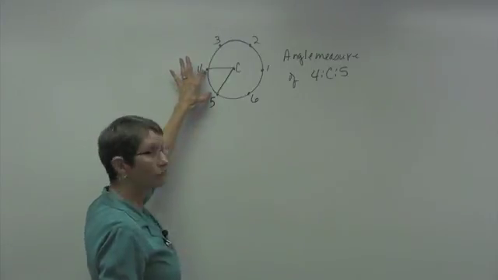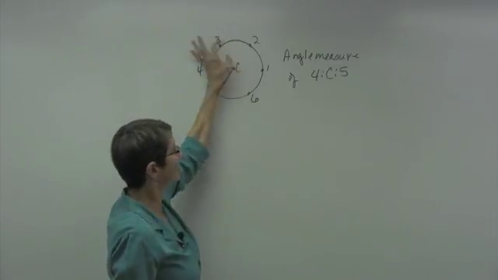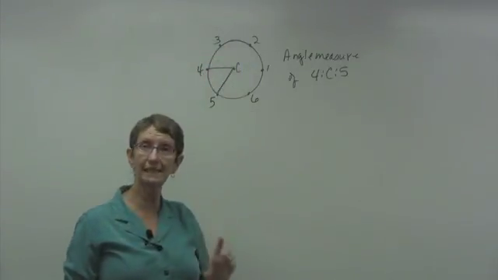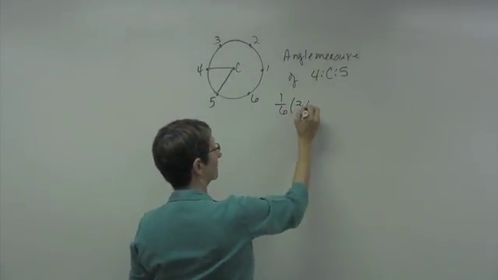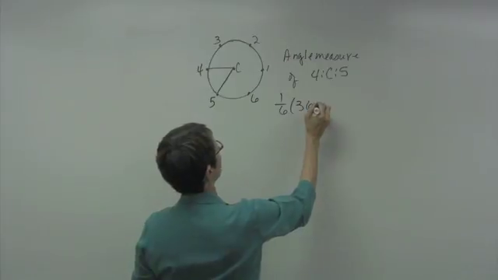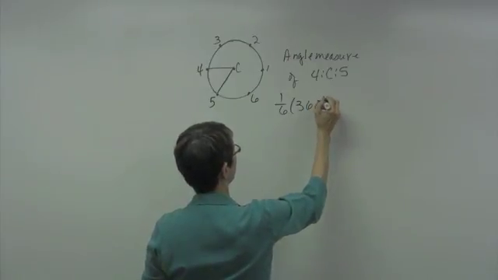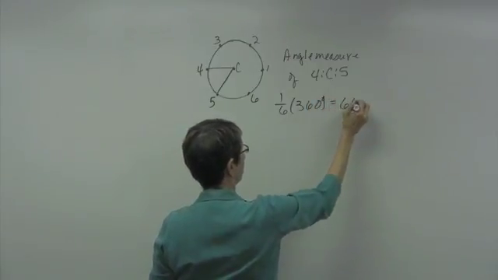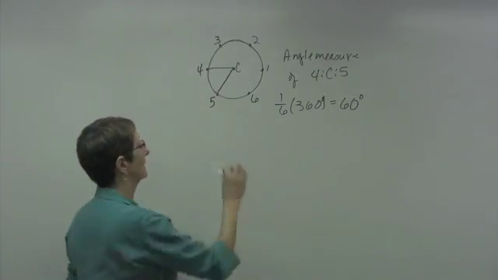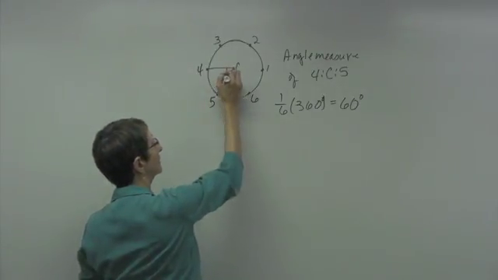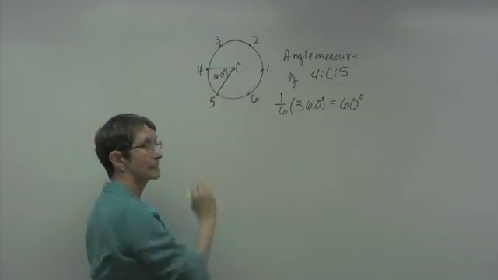Now, since it just went from 4 to 5, and I do have 6 arcs, I'd have 1/6 of the circle. So 1/6 of my 360 degrees would be 60 degrees. So the angle in here is 60 degrees.